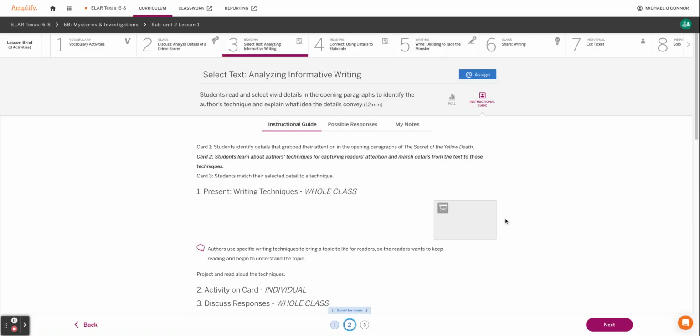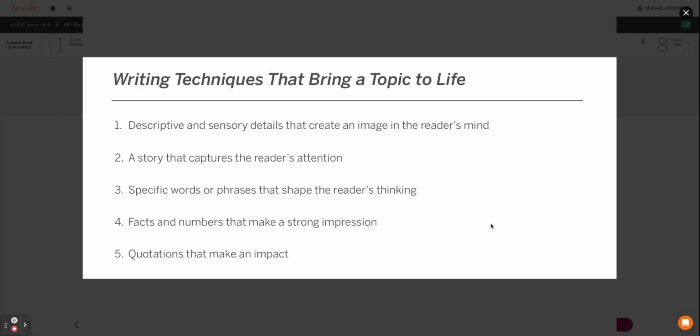On card 2, we've got some ideas about what brings a topic, an idea to life. So when writers are doing a great job describing, helping the reader visualize and understand, they do these 5 things.